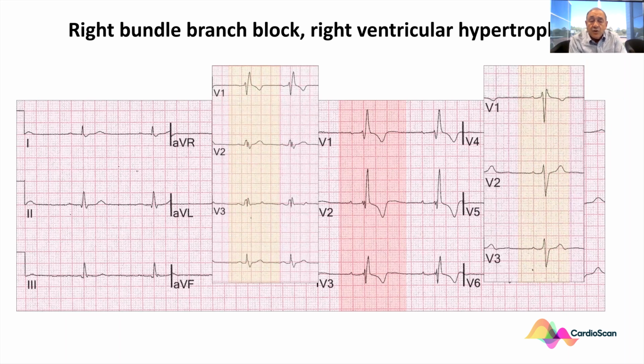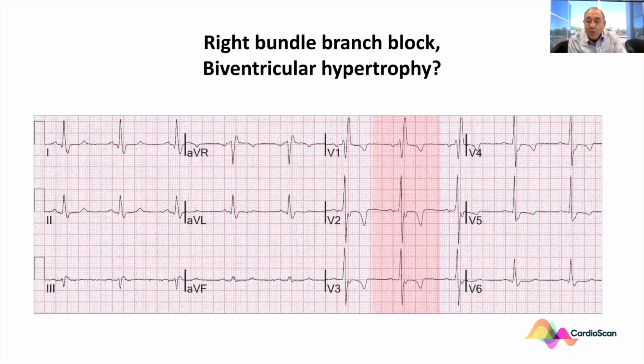Here are two other ones with a right bundle branch block to the left and to the right with yellow highlight, and you can see the T waves are normal. And that is the case with right bundle branch block. In order to have just a complete right bundle branch block, one needs to have T waves upright in V2 and V3. But if they're negative, then we think of right ventricular hypertrophy.